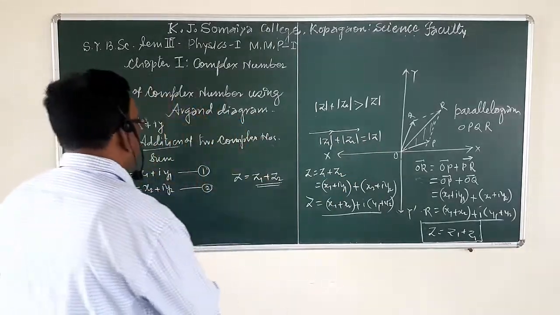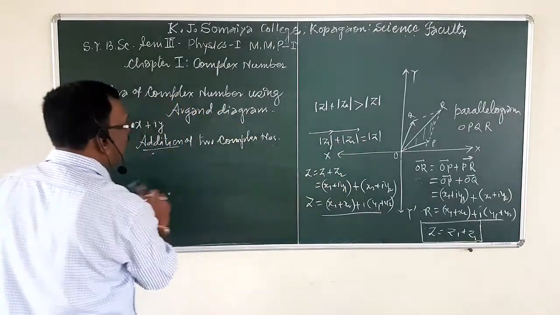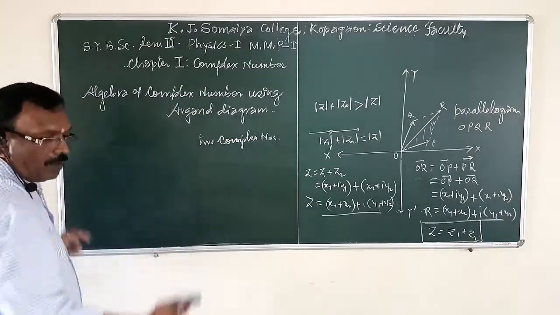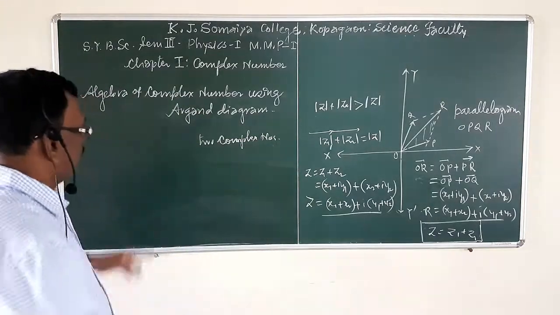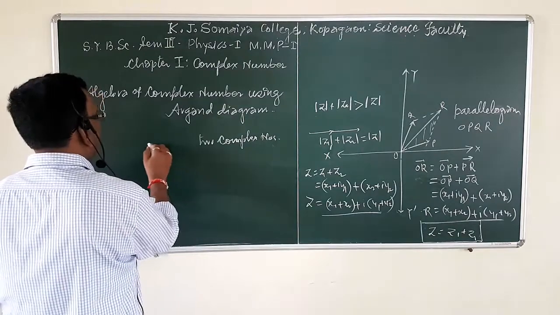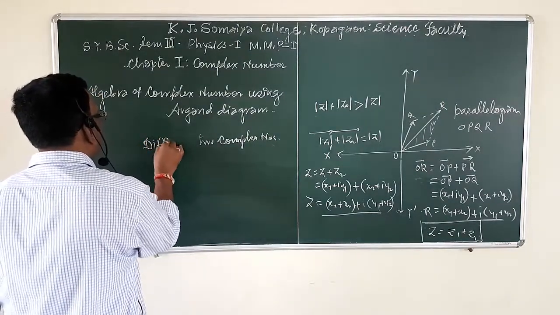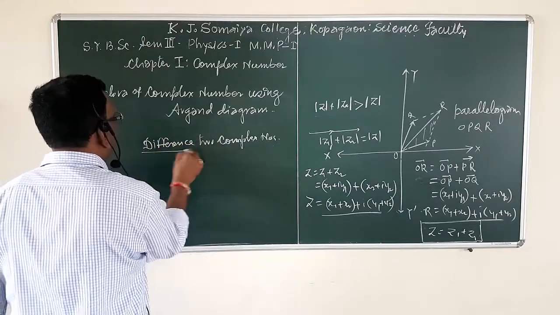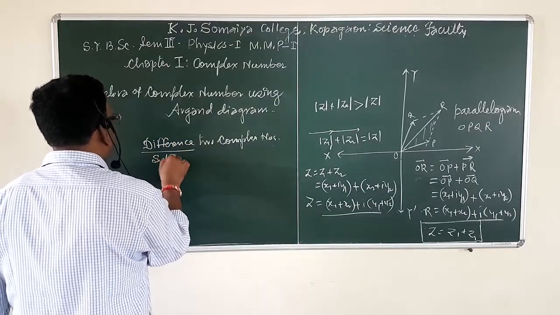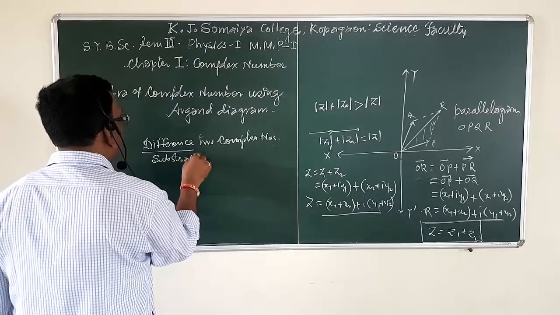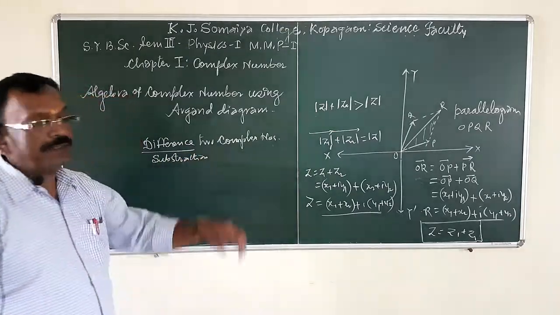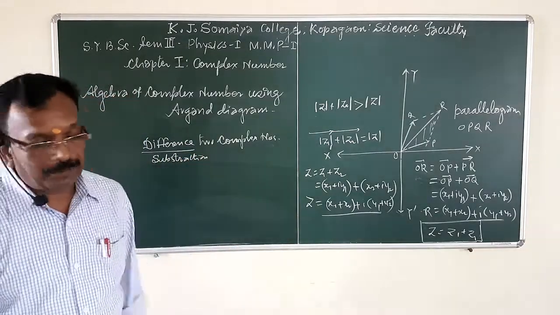In a similar way, we are going to see the second algebraic operation, that is difference or subtraction of two complex numbers using the Argand diagram.